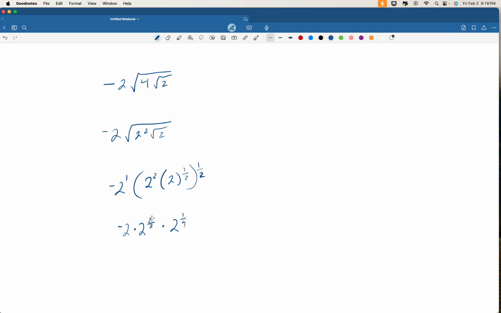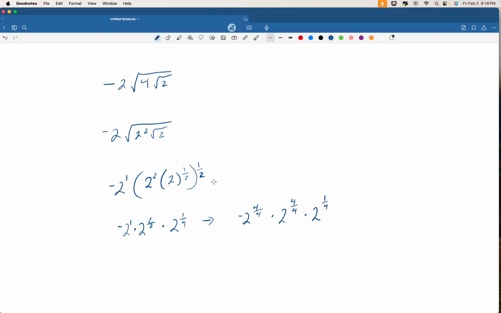All right, so that becomes 2 over 2. We need it to be the same denominator, so I'm going to change that to -2, 4 over 4, because that's to the 1, times 2 over 4 to the 4, times 2 over 1 to the 4th, right?